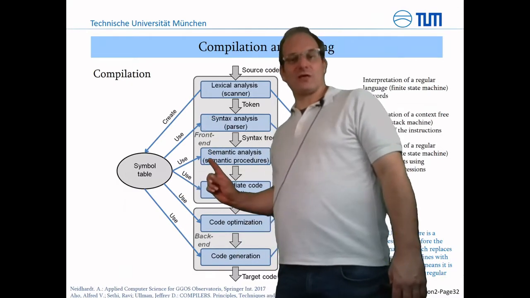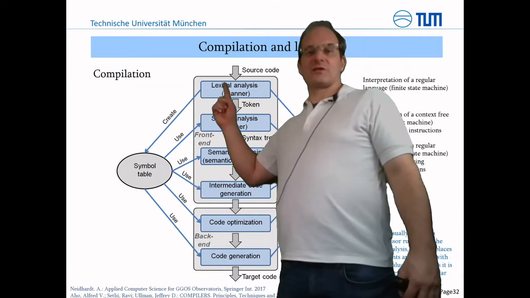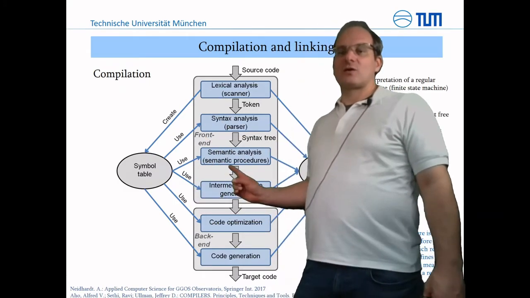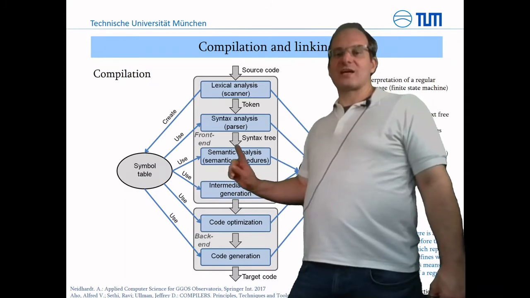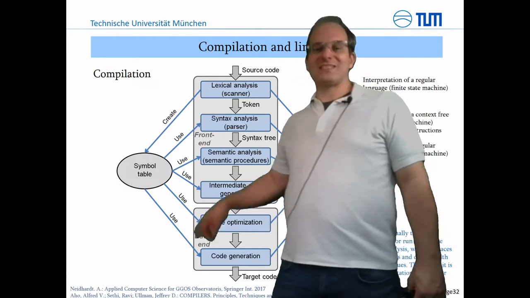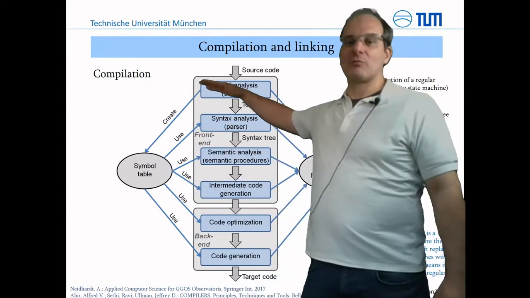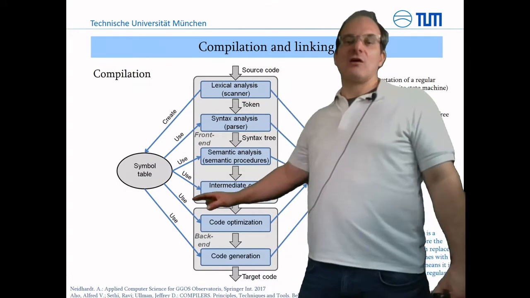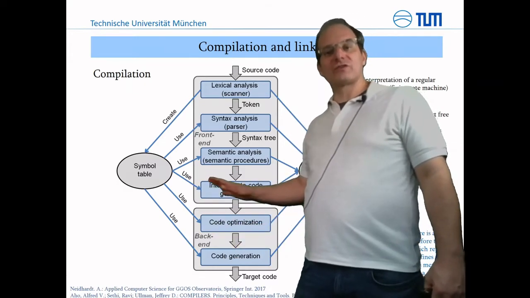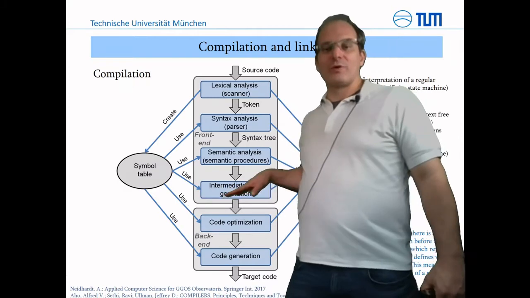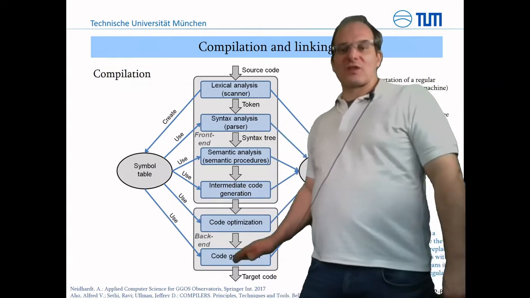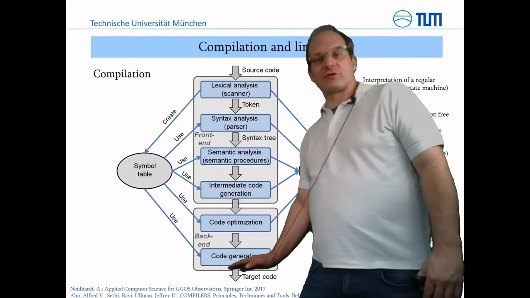It's not allowed, of course, but syntactically it's correct. So we do a semantic check. So we have semantic procedures which check if it is allowed, and then we create an intermediate code. This is used so that we don't have to write a complete compiler for all of the different hardware sets. Different hardware offers different possibilities, and therefore with this step we have an intermediate language which can be easily converted to the different hardware.